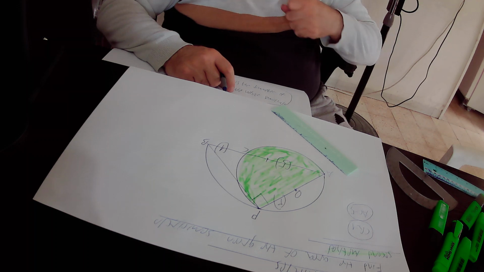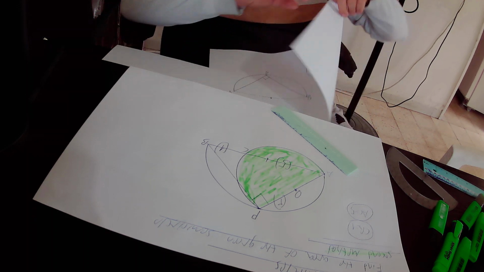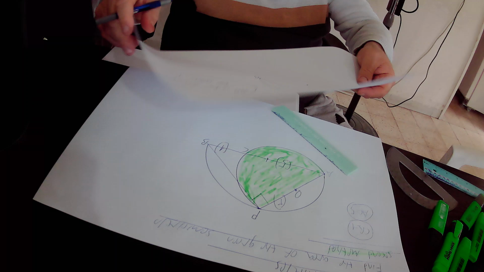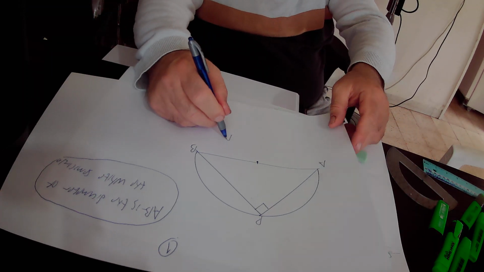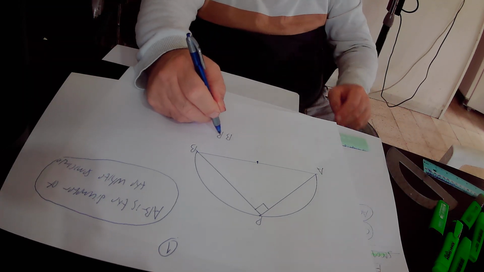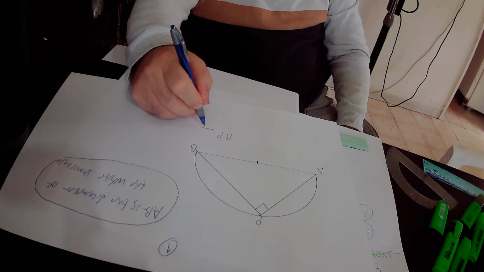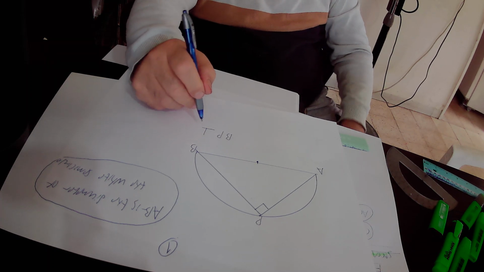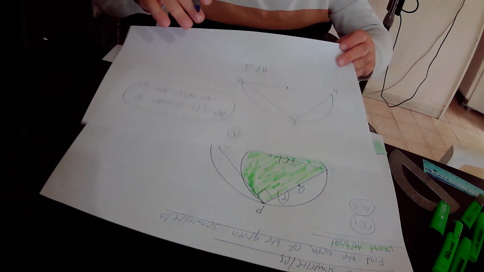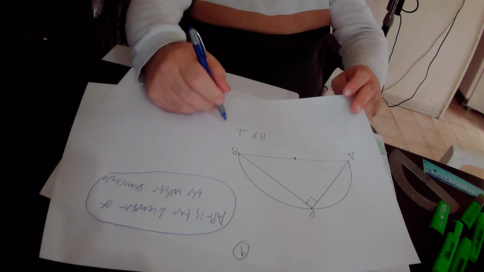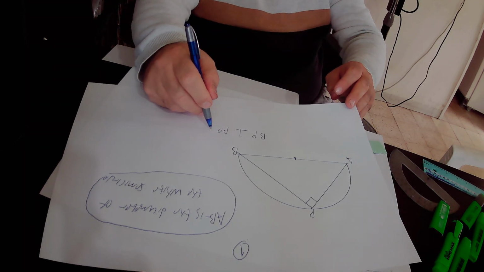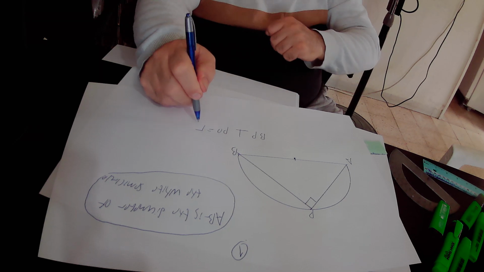BP is perpendicular to the radius PO of the green semicircle.